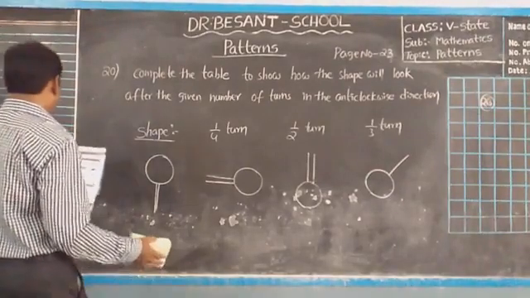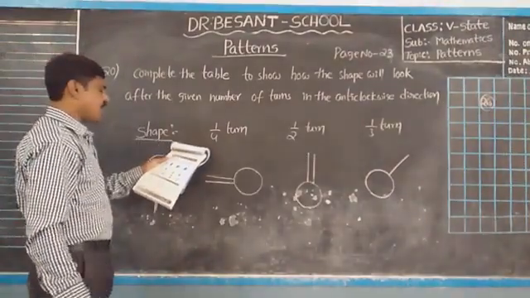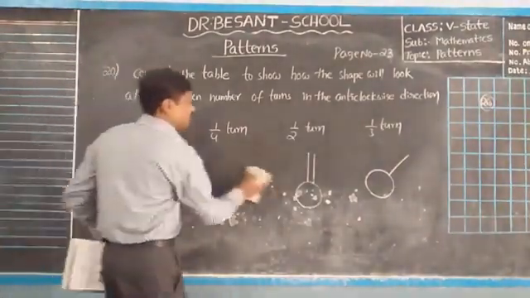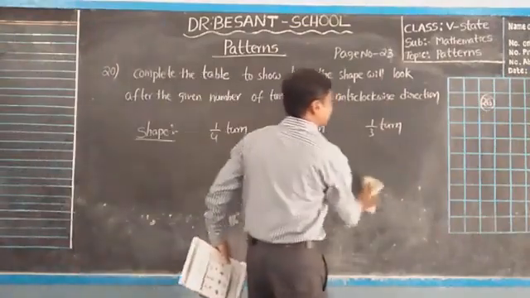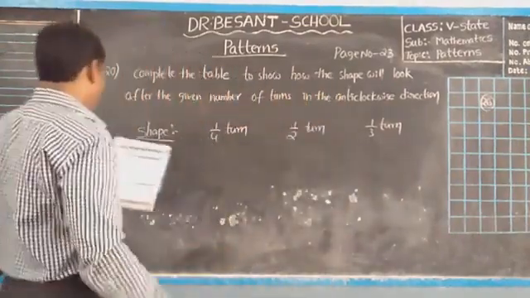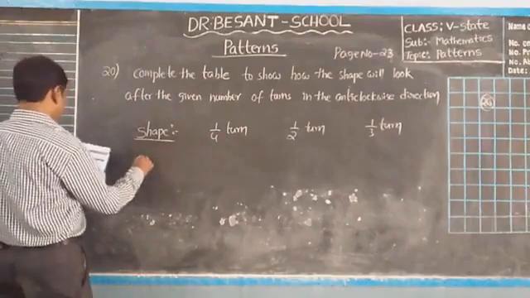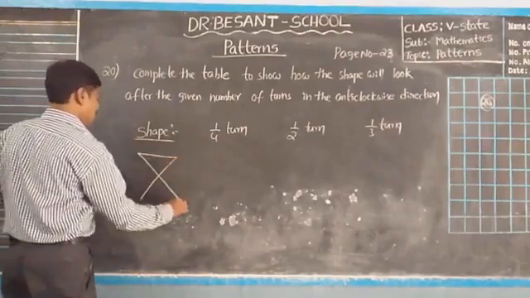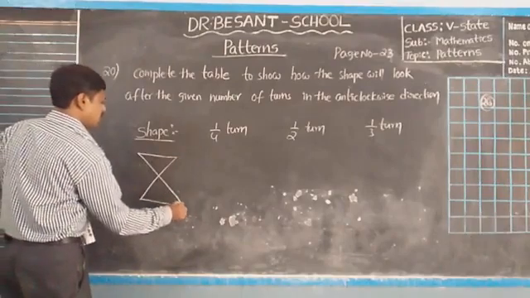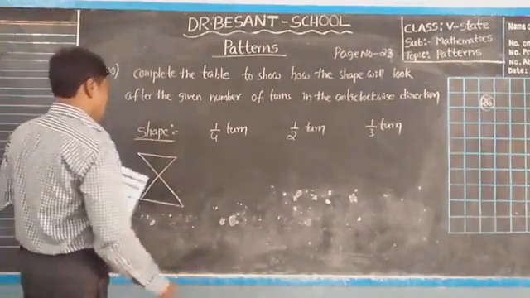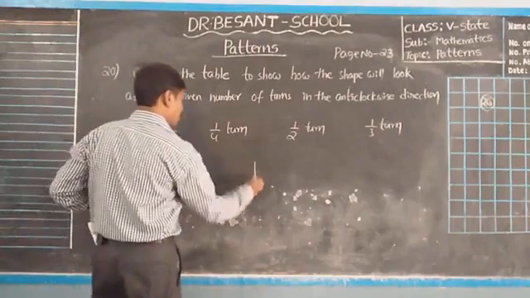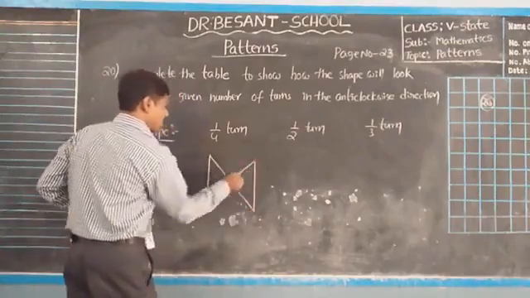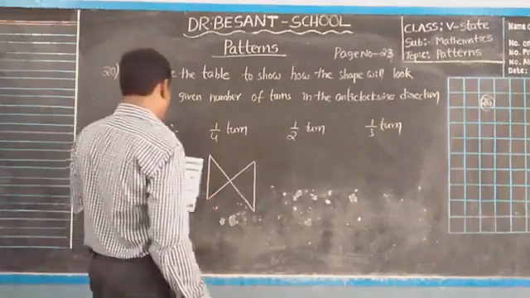Okay, next, the second one and third one I already showed, so you can do it. And the fourth one, that also I will draw. See, the actual shape is this. Okay, next, 1 by 4 turn. 1 by 4 turn.